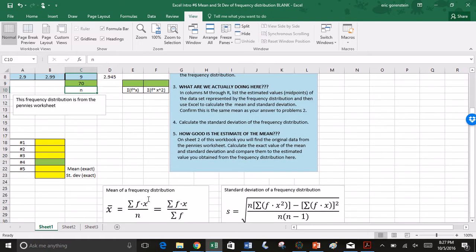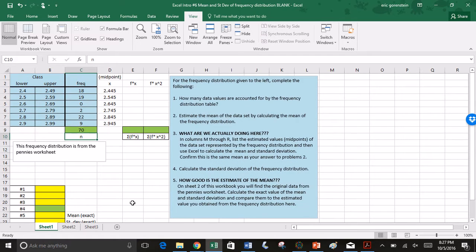And I need f times x for each x value, and then I need to add them up. So over here equals frequency times the x value. And I can copy that down to repeat those calculations, and Excel will add them up for me with the sum formula.